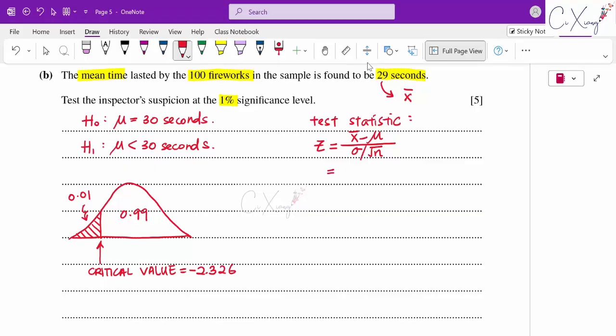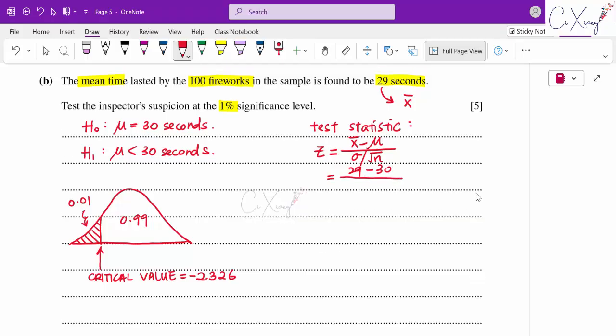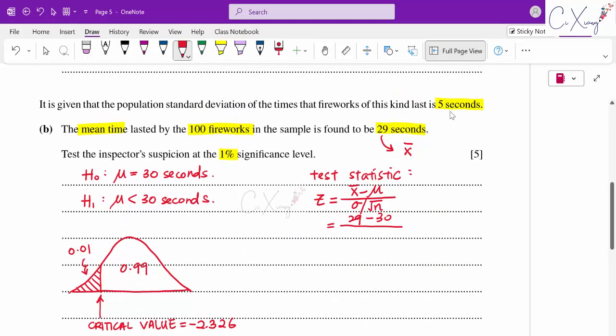What is the value for the sample mean? It should be 29 minus the population mean. This is the population mean, 30, divided by standard deviation, which is 5, over square root n. So divided by square root of the sample size. Your sample size is 100. Your test statistic, if you use a calculator, the answer is negative 2.